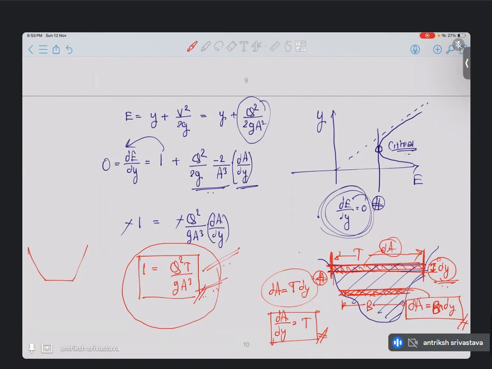If it is a rectangle, then it is very simple. dA by dy is always going to be constant, that is going to be b, and that is the same as the top width also. But this expression, q square T by g A cube, is valid for all types of channels, triangular, rectangular, or trapezoidal, for everything.